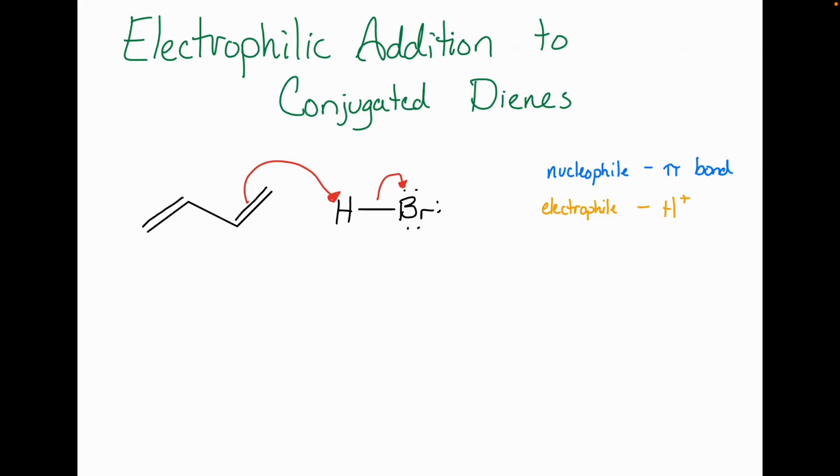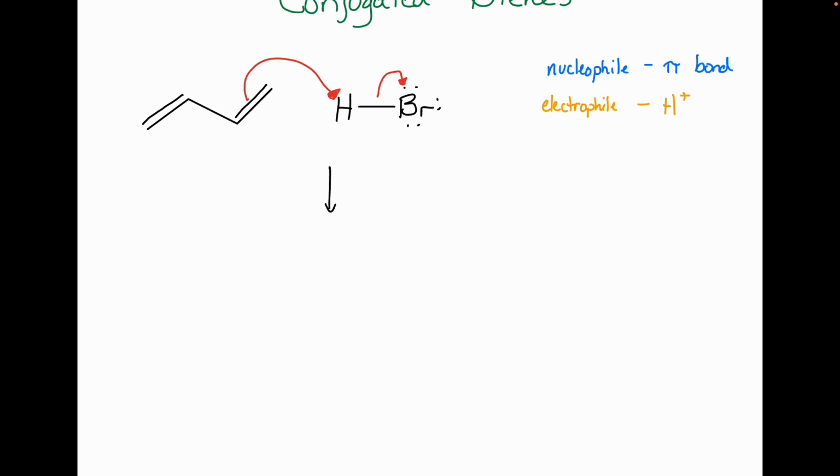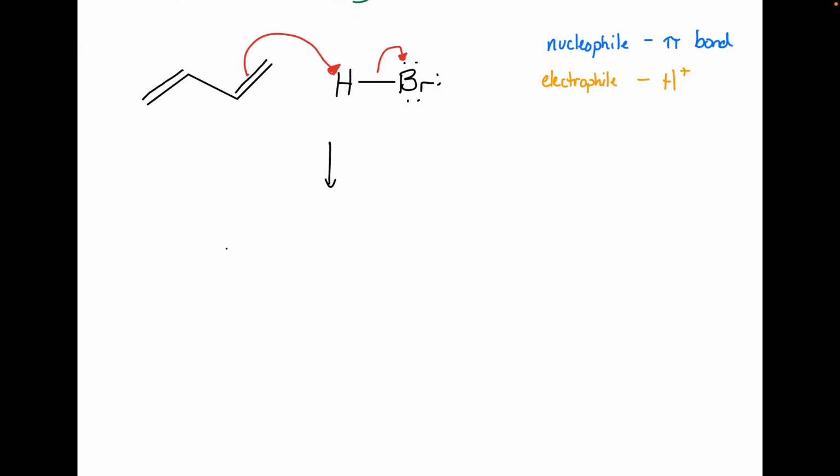All right, so let's draw our product of this first step in our mechanism. Based on these arrows, we could actually draw two of them. I'm not going to touch that first double bond.